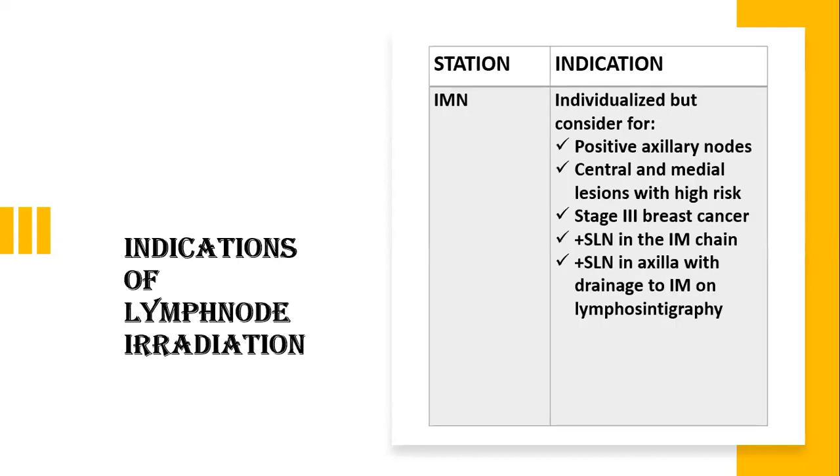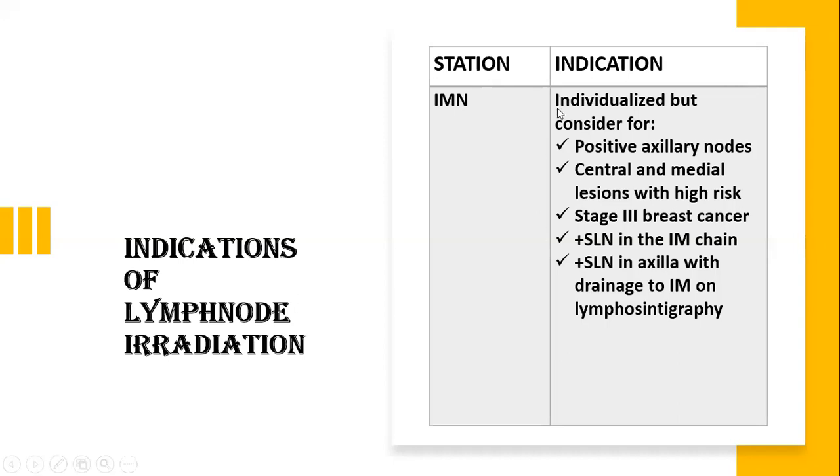Coming to the internal mammary node indications, most practitioners don't wish to irradiate this volume, because irradiation of the internal mammary nodes is often associated with increased dose to the lung and the heart.